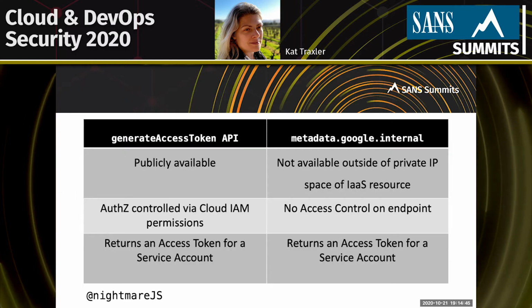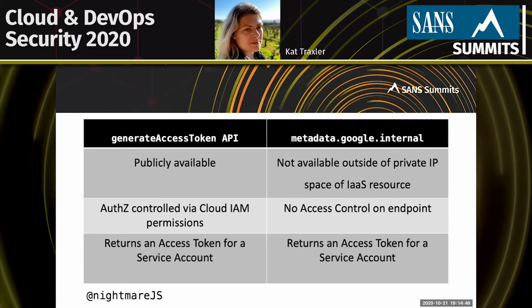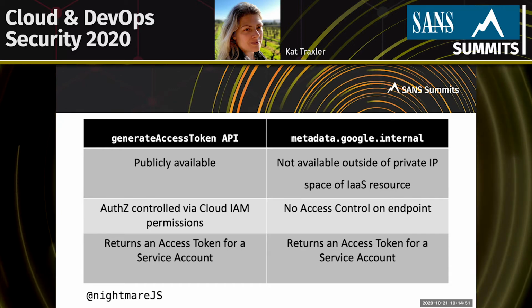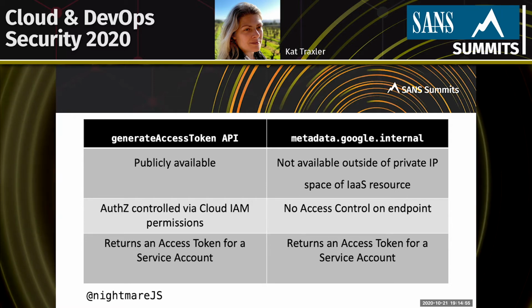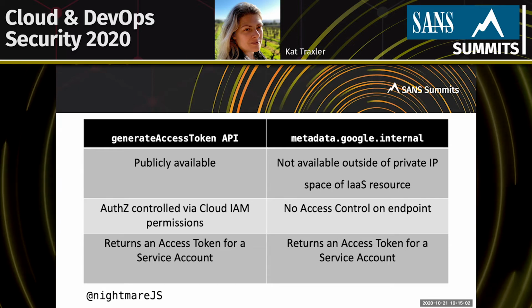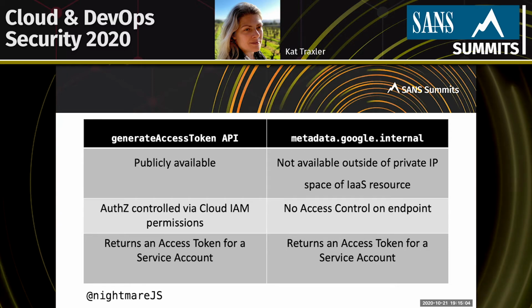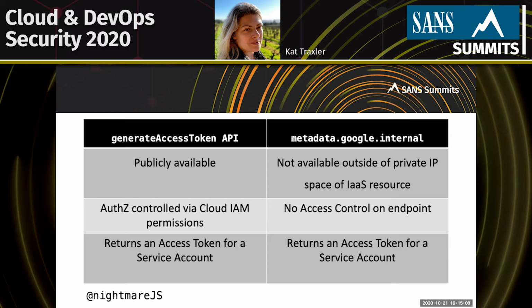Retrieving access tokens from the metadata API is not as straightforward as making a simple HTTP request to a public endpoint, because the metadata API is an internal service. But remember, if you can overcome some barriers that I've outlined, there is no access control. There is no point-in-time authorization check on the metadata API.